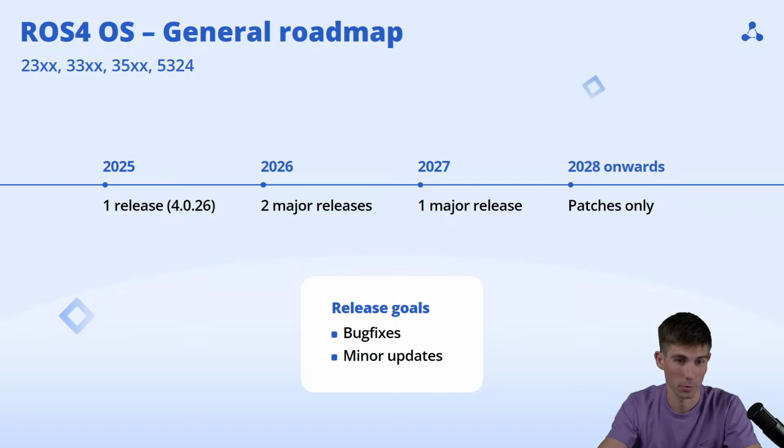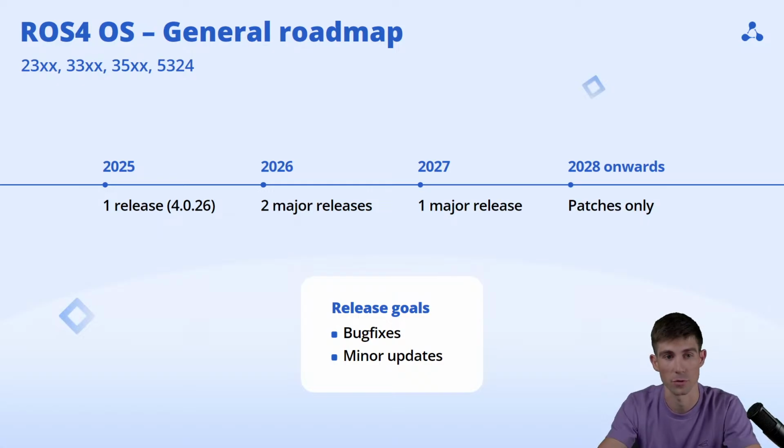On this map, you can see that we are planning to release one to two major versions of ROS4 over the next few years, and only from 2028 onwards are we planning to change this to a patches-only approach. So we're not planning to introduce any significant features as of yet, but minor updates and bug fixes you can definitely count on, and the nearest release is planned for the end of this year.